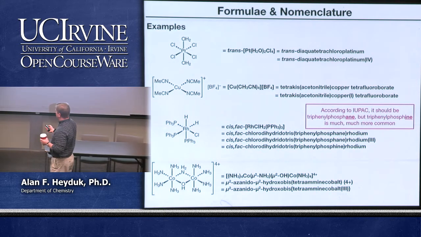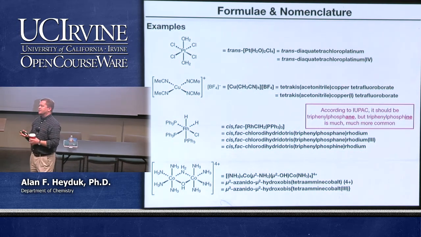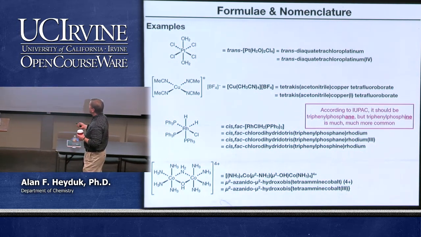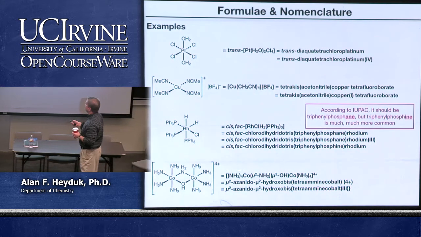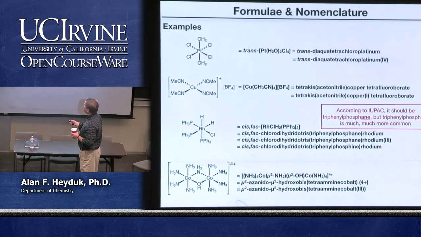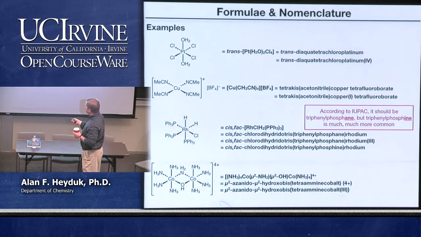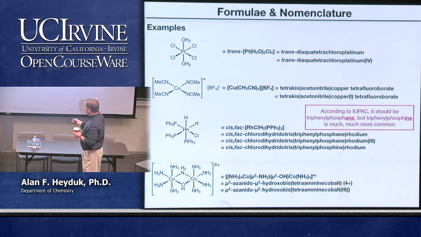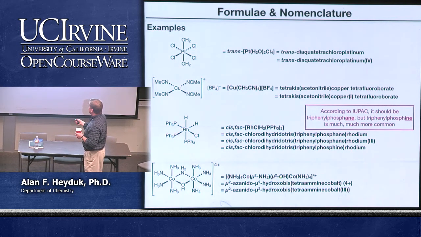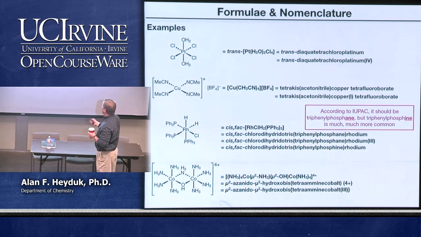But when you have a dimer like this, a more complicated molecule, it sometimes is helpful to break some of the rules. So you'll notice that we have in the brackets 4 amine ligands followed by the cobalt, followed by the mu2 azonido and the mu2 hydroxyl, and then cobalt and 4 more amines.